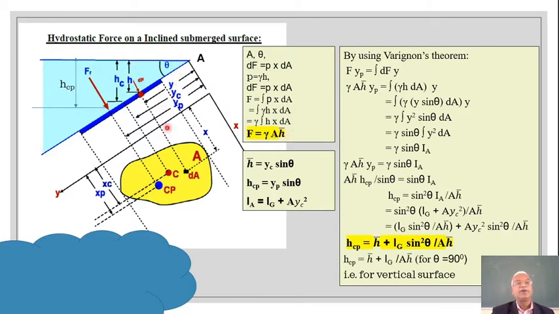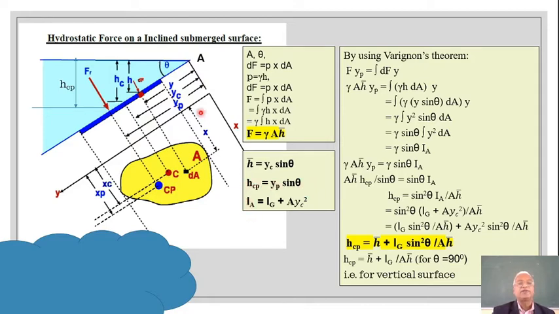Now from the geometry over here, one can write H bar or HC equal to YC multiplied by sine theta. Similarly, CP is the point where the total force will be acting, that is the center of pressure. So HCP is the vertical distance. Now with the same triangle, if I indicate this distance as YP, HCP becomes YP sine theta.